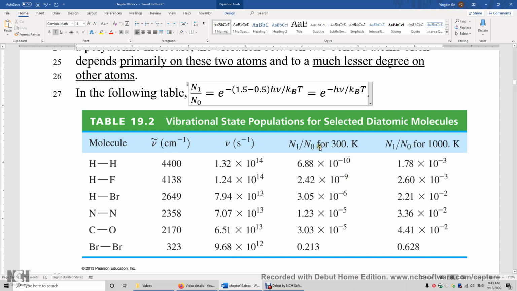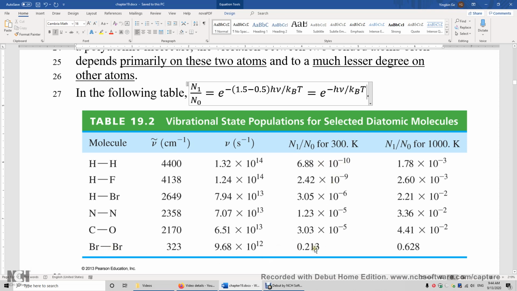Okay, now we can compute N1 over N0 at a given temperature. At room temperature, you can see over here, if you look at this number, you'll see nearly all hydrogen molecules occupy the lowest vibrational energy level. Less than 1 out of a billion H2 molecules occupy the first energy level.